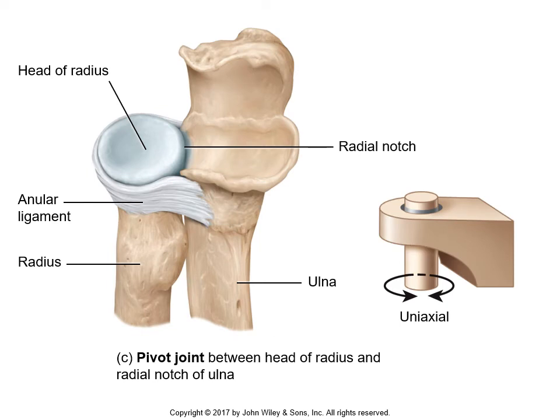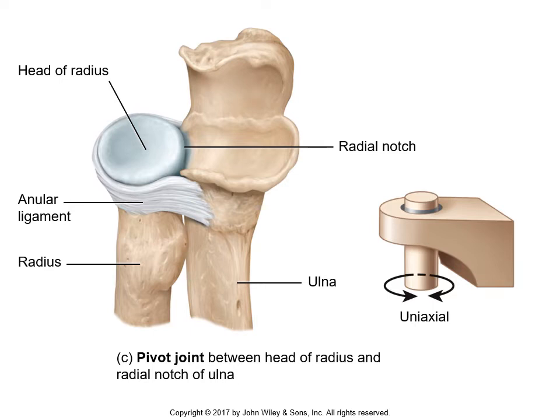Another type of joint that we've been talking about is the pivot joint. This is, for instance, when we talked about pronation and supination just a minute ago. When I had mentioned it's purely movement of the radius. The radius basically folds over top of the ulna.